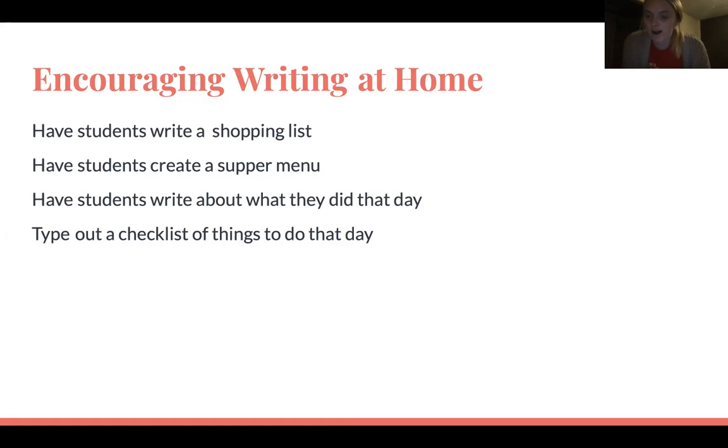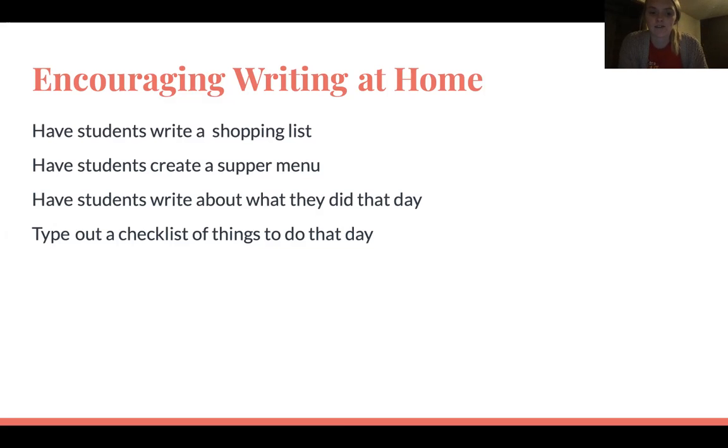Just having them write down, like, we're having spaghetti and meatballs, or we're having a side of green beans and a side of Texas toast. Just that stuff is getting them writing, and even though it doesn't seem like a lot, it will add up in the end and help your student. So it's going to be very beneficial to encourage your student to write at home.